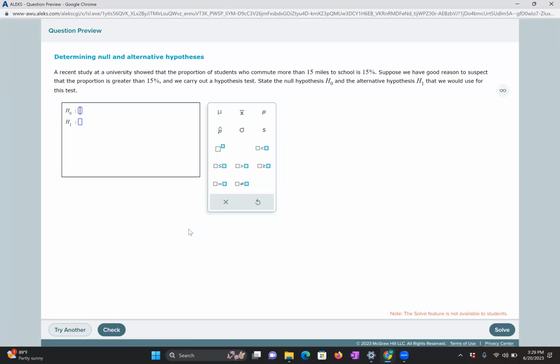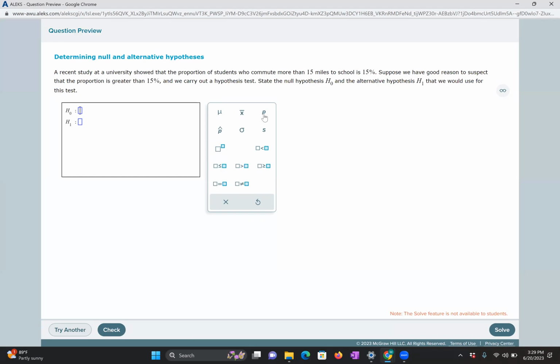Okay, a recent study at a university showed that the proportion of students who commute more than 15 miles to school is 15%. Suppose that we have good reason to suspect that the proportion is greater than 15%.